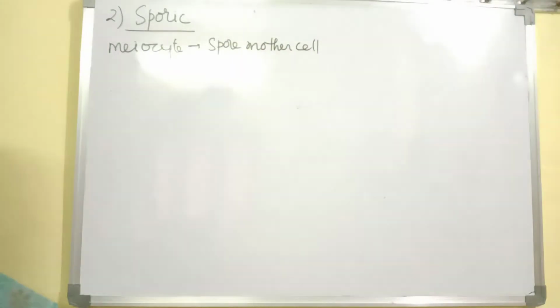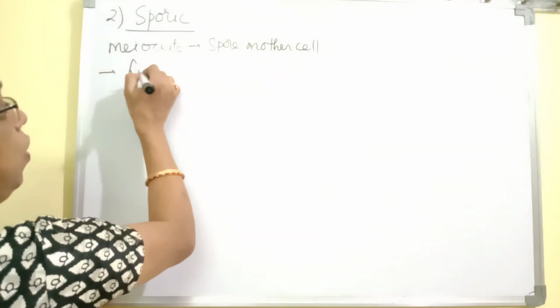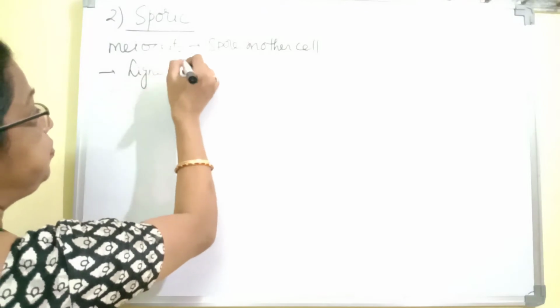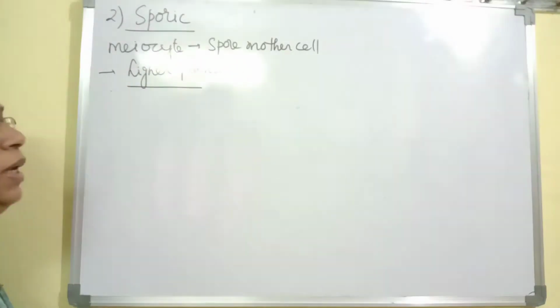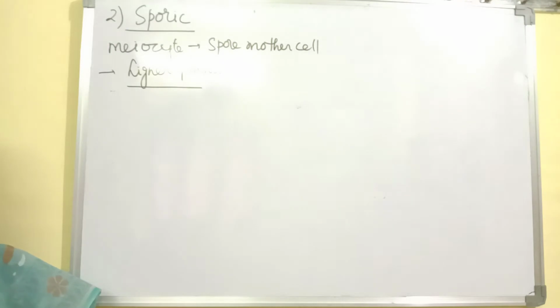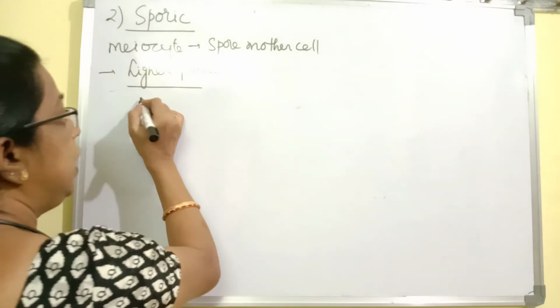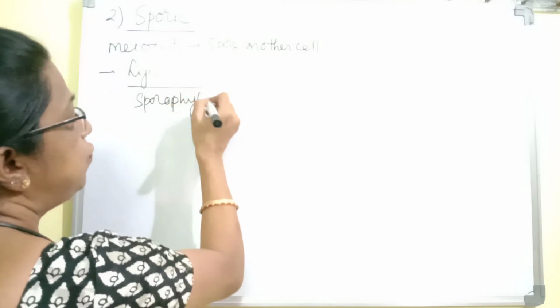It can be a microspore mother cell or a megaspore mother cell. This is found in all higher plants. What do we mean by higher plants? Starting from pteridophytes onwards, where the diploid phase is the dominant phase. In higher plants the sporophyte is the dominant phase.